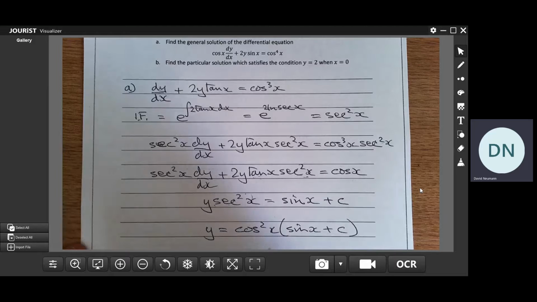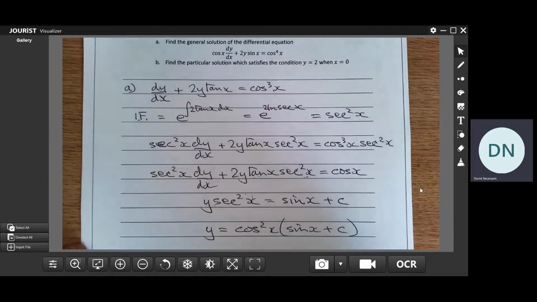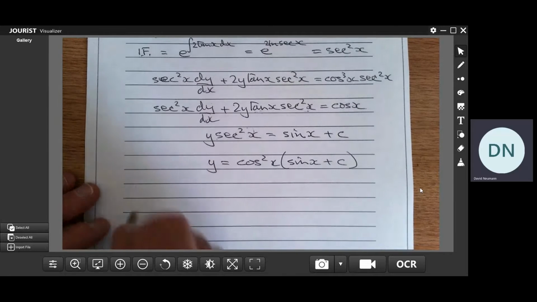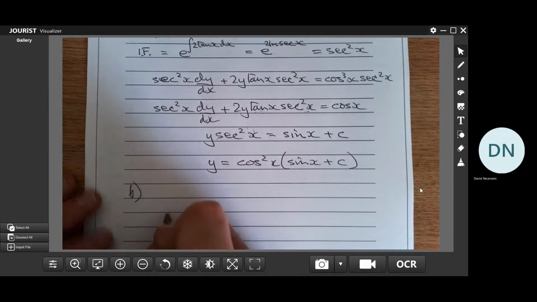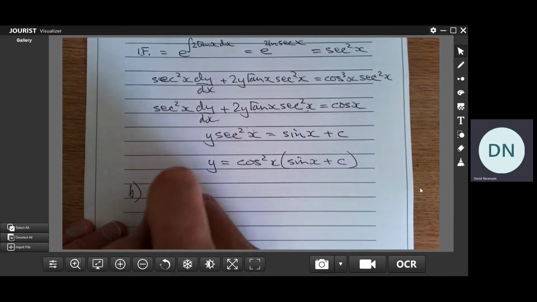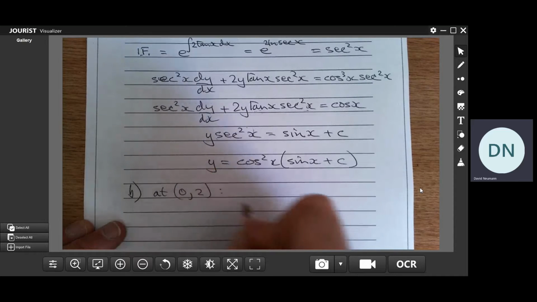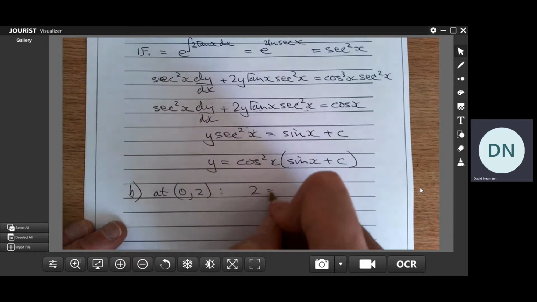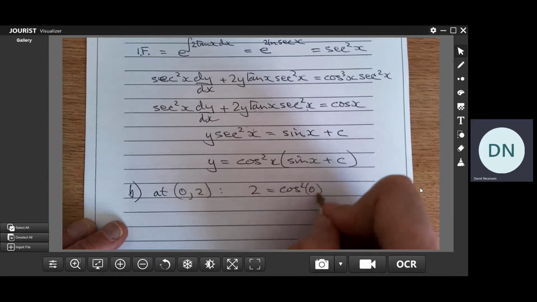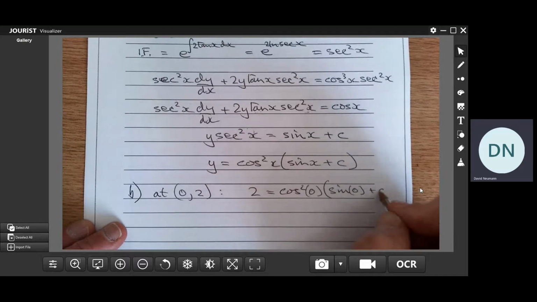So for part B now, we're going to find the particular solution if y equals 2 when x equals 0. So at (0, 2), we get 2 is equal to cos squared of 0 times sine of 0 plus c.